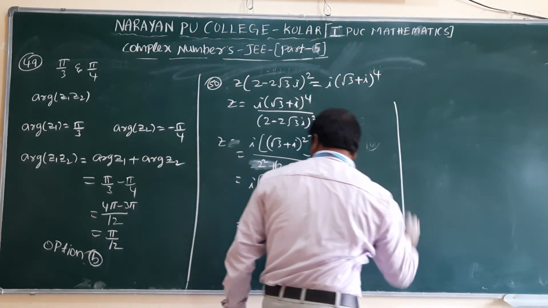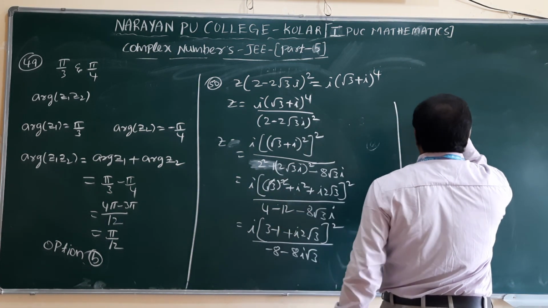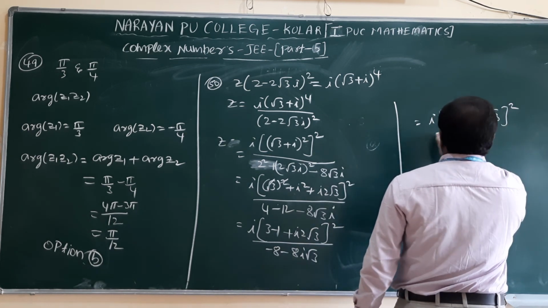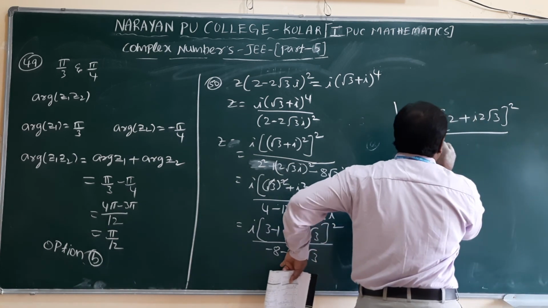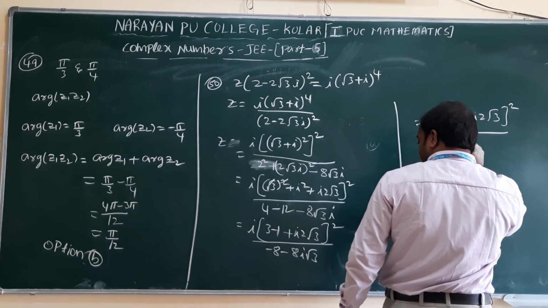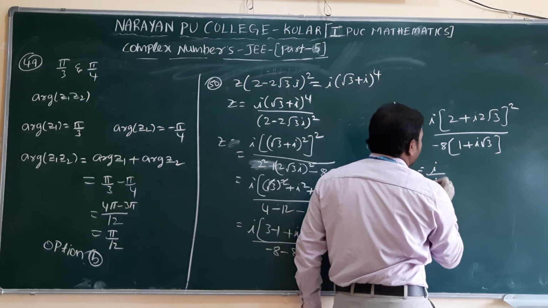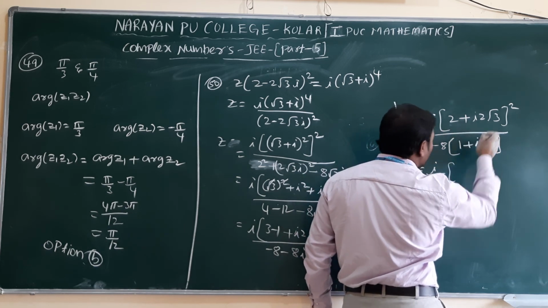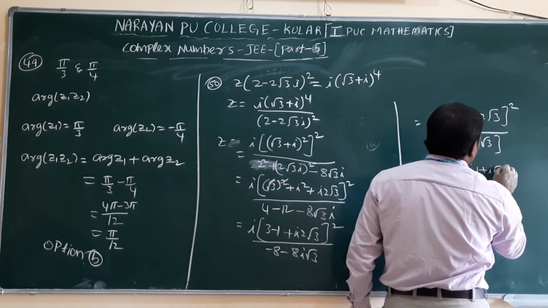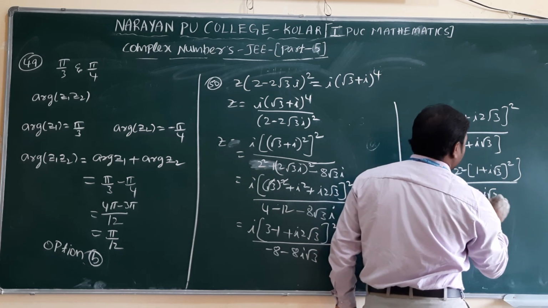In the numerator, i into (3 minus 1), that is 2, plus i into 2 root 3, whole square, divided by minus 8 into (1 plus i root 3). In the numerator we take 2 common, getting 2 square, remaining (1 plus i root 3) whole square, divided by (1 plus i root 3).